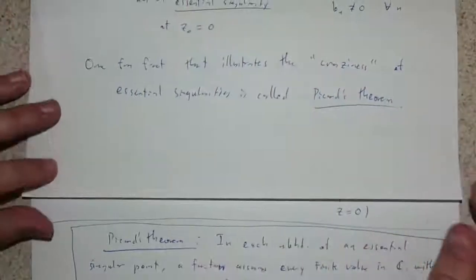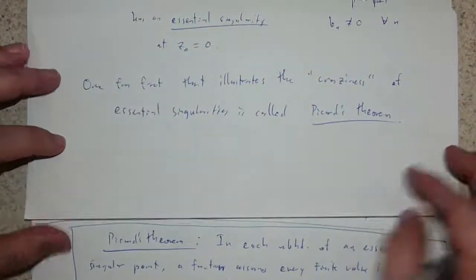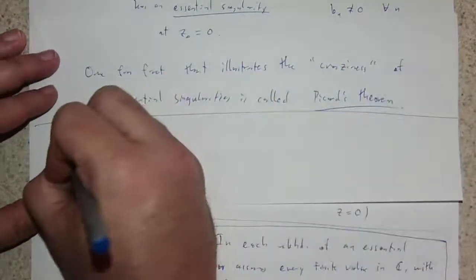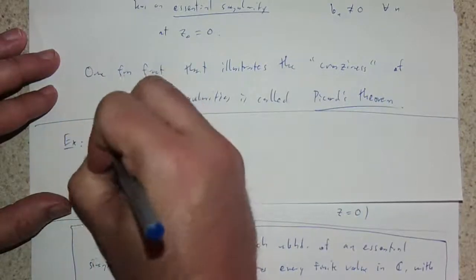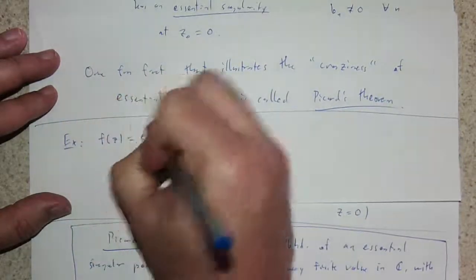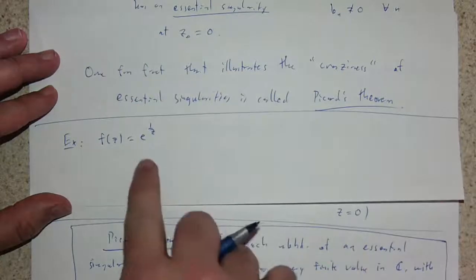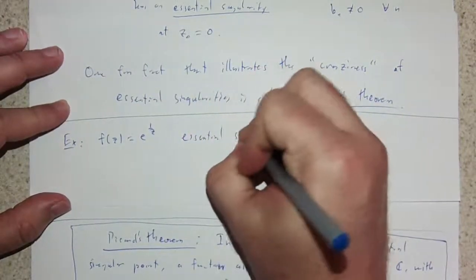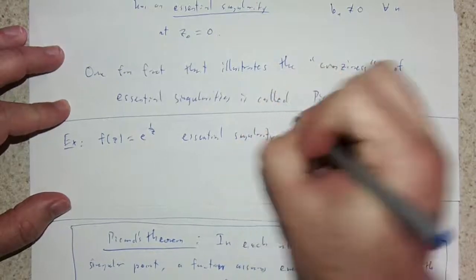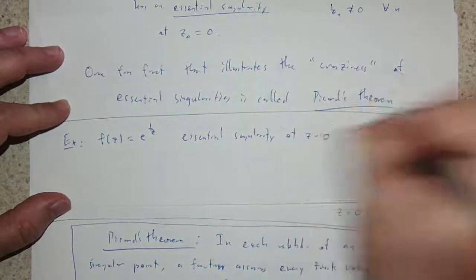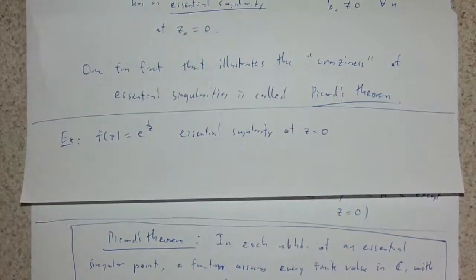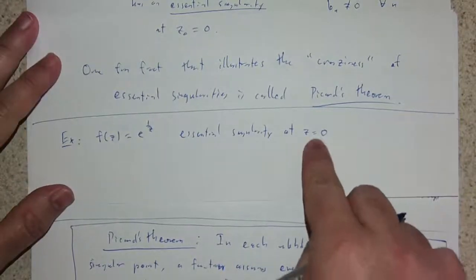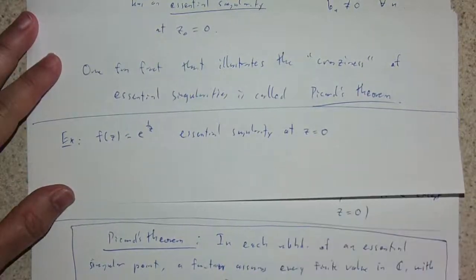So we had our example, f of z is e to the 1 over z. e to the 1 over z had an essential singularity at z equals 0. That means pick any neighborhood of z equals 0.